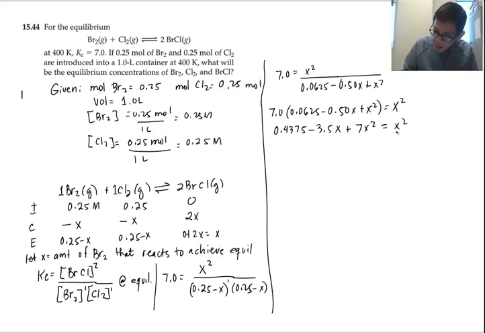Okay, so I'm going to put that 4x squared on the left side, so then it becomes 3x squared minus 3.5x plus 0.4375 is equal to 0. So we solve for x using the quadratic equation.